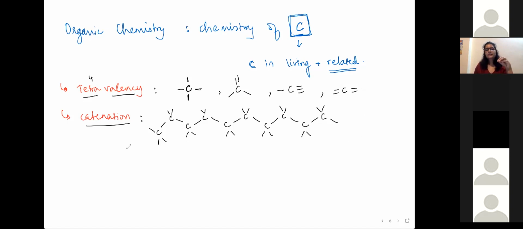The next best element that shows this kind of thing is silicon. You have silicon structures also, and quartz is the best example of this. Just like how carbon forms really long chains, quartz is a large network consisting of SiO2 units.